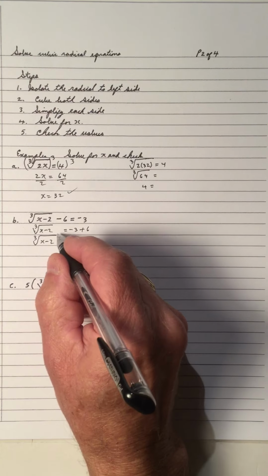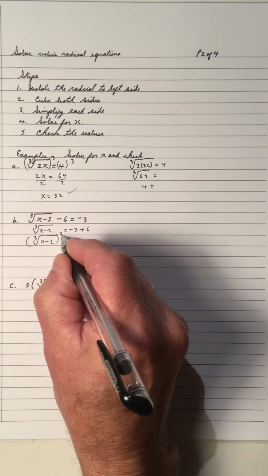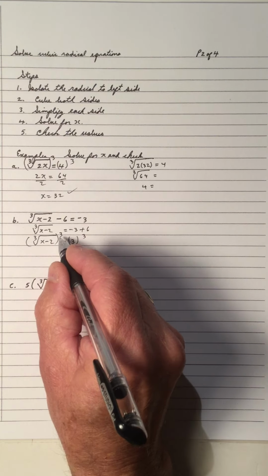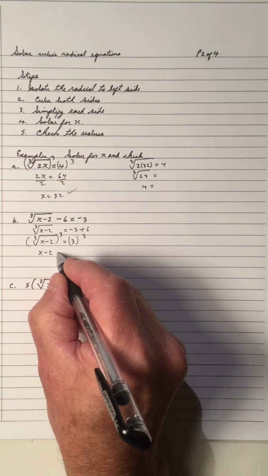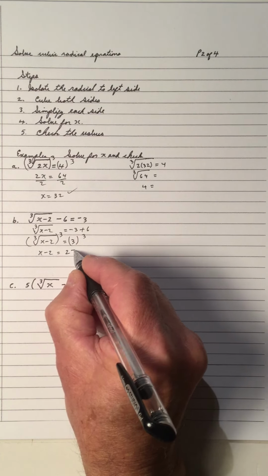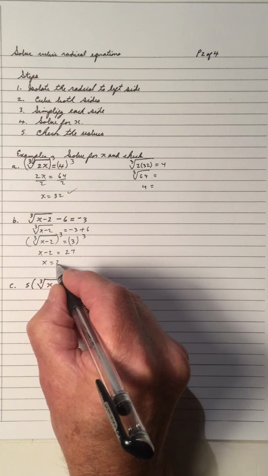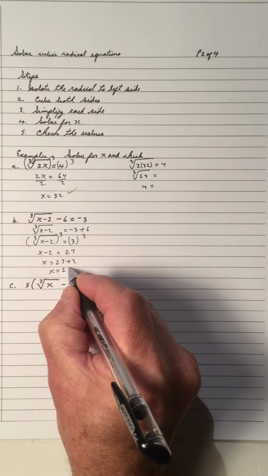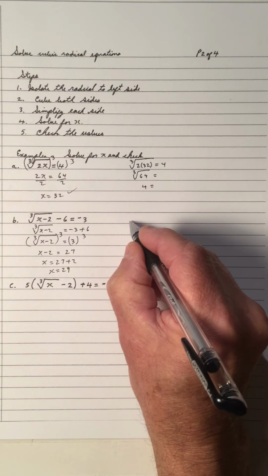The root is isolated, so I'll cube both sides. The cube root of x minus 2 cubed is x minus 2. 3 cubed is 3 times 3 is 9 times 3 is 27. x equals 27 plus 2. x equals 29. Let's check it.